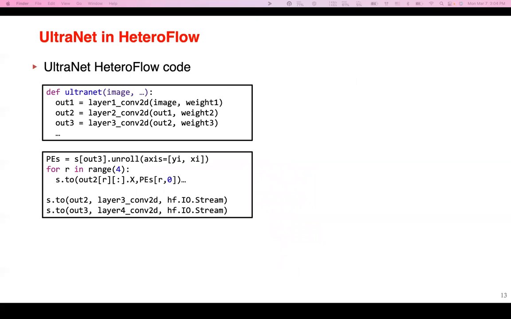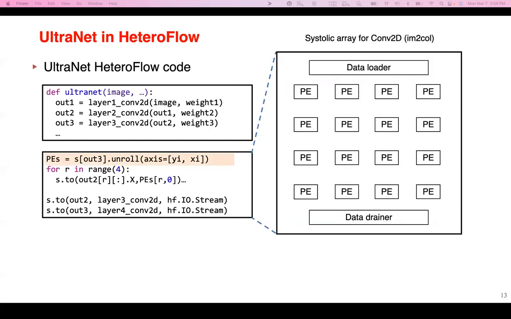Here's the HeteroFlow code to realize UltraNet. On the top, we have the algorithm definition of UltraNet. And we can use the .to() primitive to create a systolic array for the 3rd layer. Specifically, we first unroll the 2 loops in the 3rd layer into an array of PEs.